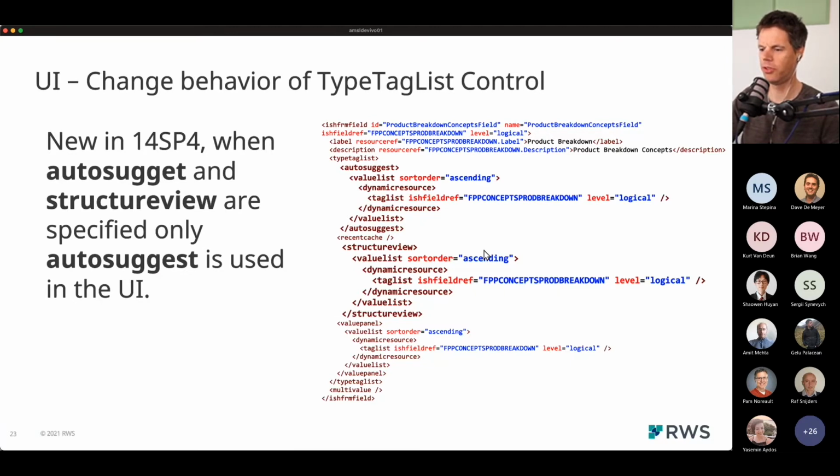So if you want the structure view, you should remove the auto suggest. That is also why we advise using the structure view, so it's easy to navigate. With auto suggest, you have to type in and be lucky to find it. But that's still a good use case if you have a very huge list where people have to choose from.